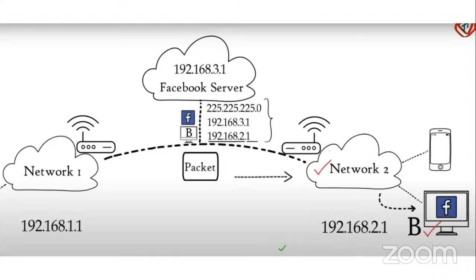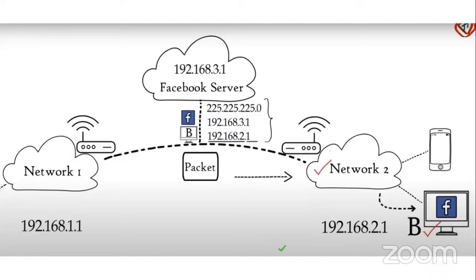Same thing. System A from network 1 requests facebook.com. What will be added to each and every packet? Logical addressing. What is the IP address of this network? 192.168.1.1, sir. That is the destination IP address.